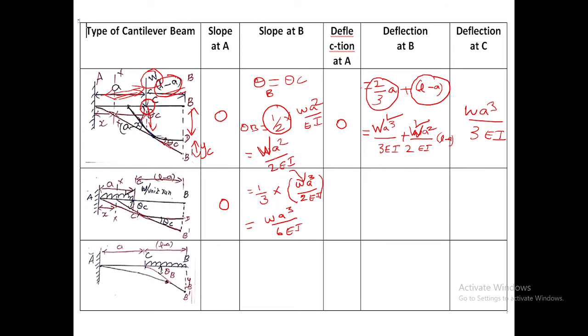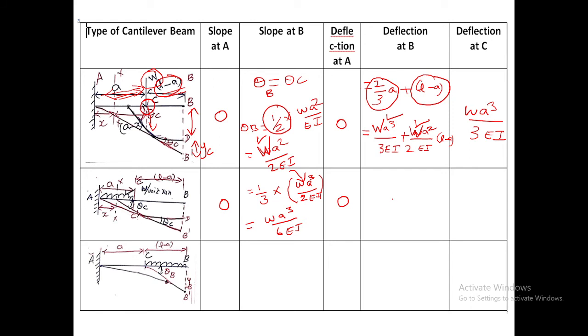This term capital W is a point load, and small w is the uniformly distributed load. So, W a cube divided by 2 EI. So, the answer is W a cube divided by 6 EI. Deflection at point A is a fixed point, 0.